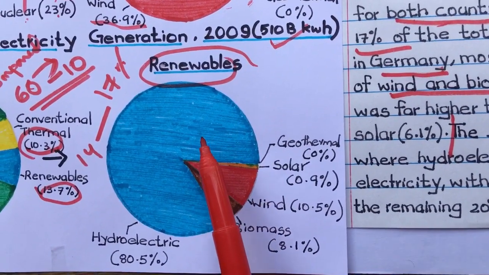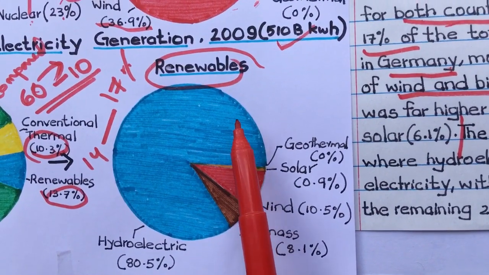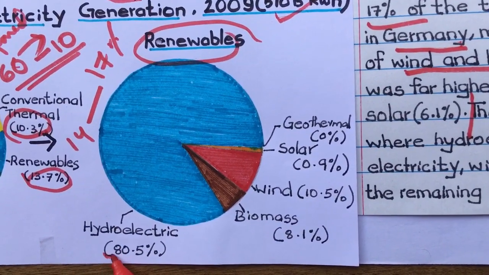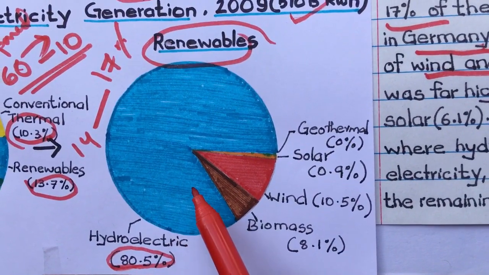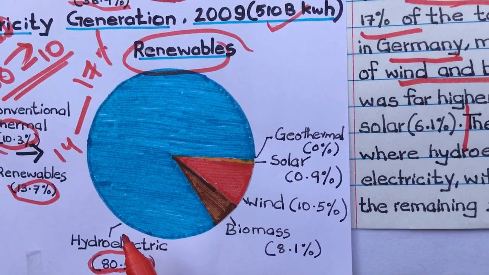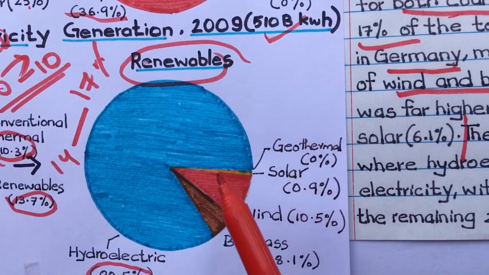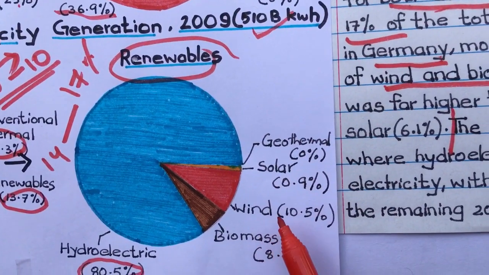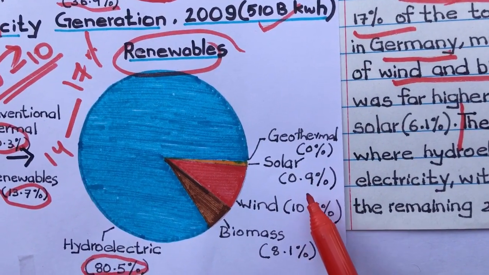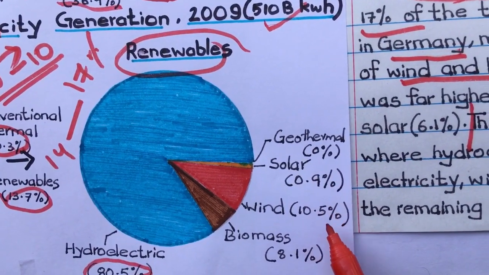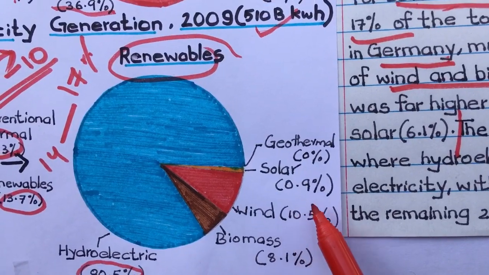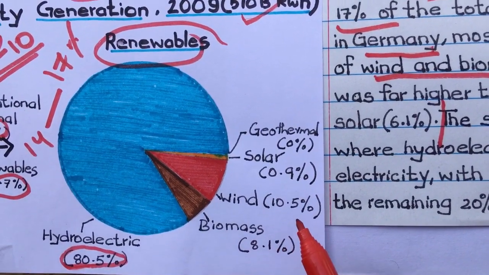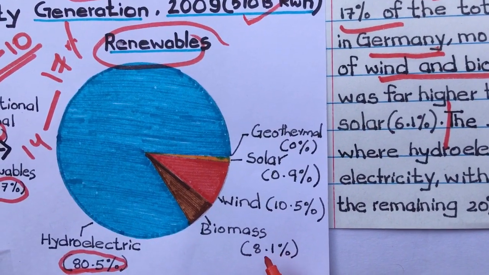Here the hydroelectric power is 80.5. See here, this is the major proportion of renewable. Other areas like biomass, solar and wind are very negligible, like 0.9, 10.5. If you write solar is this much, wind is this much, biomass is this much, it's not good.